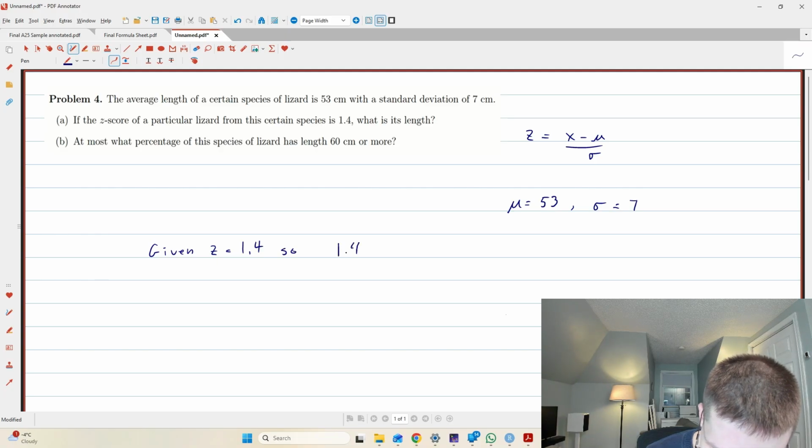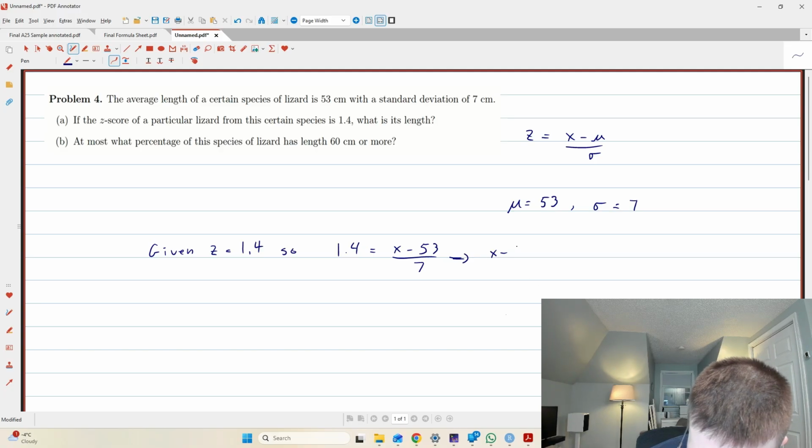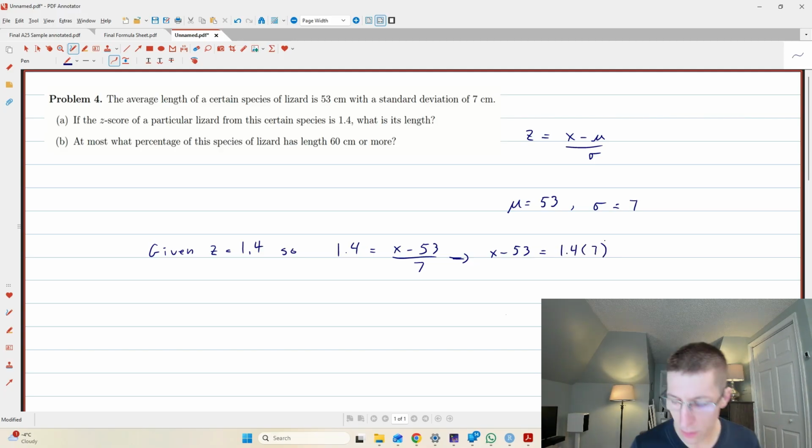So 1.4 equals x minus 53 over 7. So we want to solve for x. So 1.4 times 7. So what does that work out to?